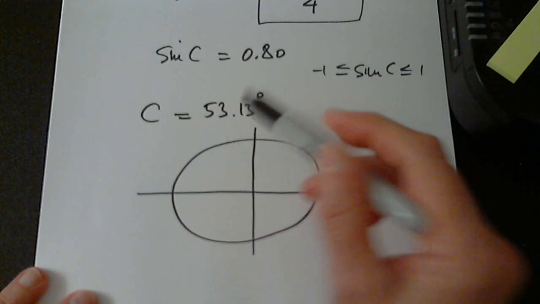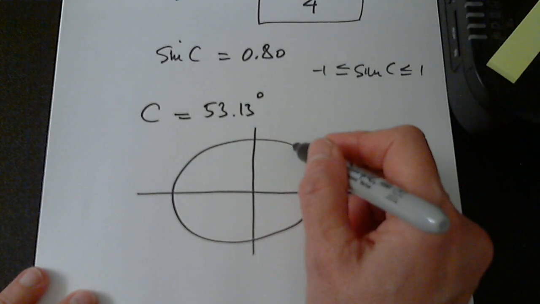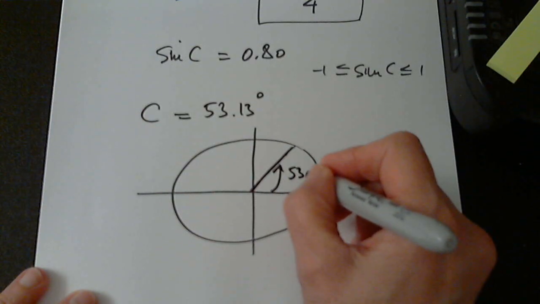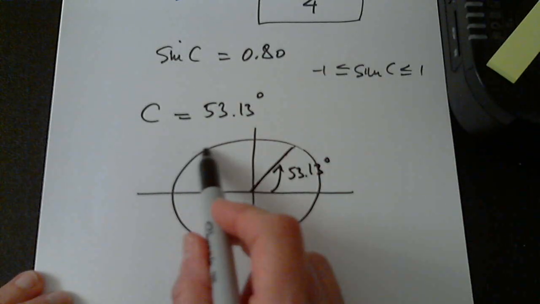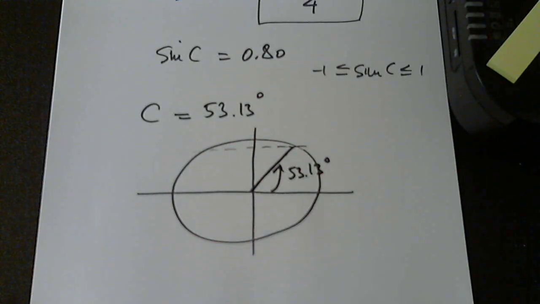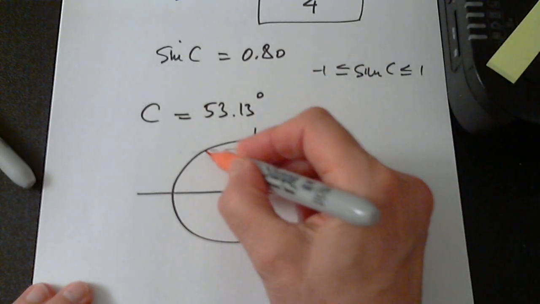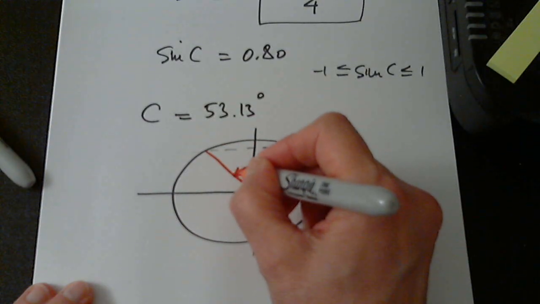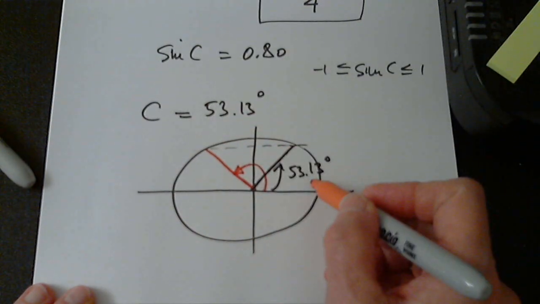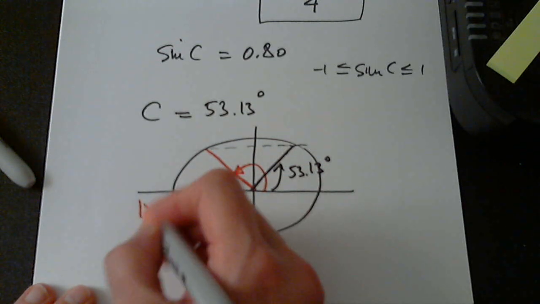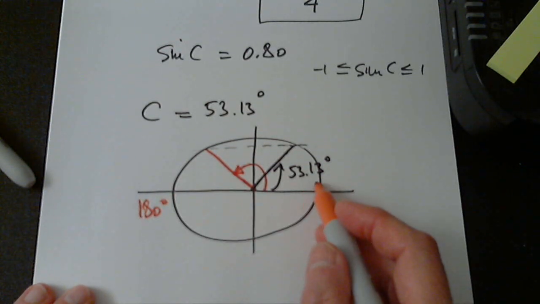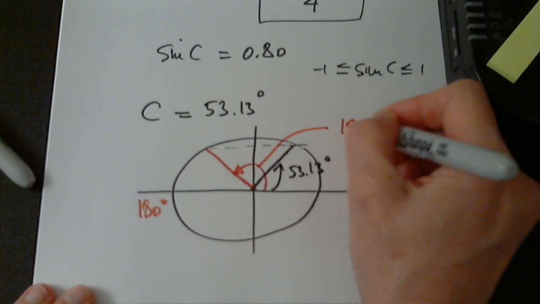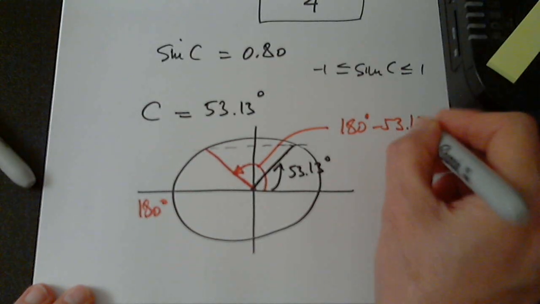So here's 60, so here's 50 degrees, 53 degrees. So 53.13 degrees. There exists another angle whose sine is the same, 0.80, which is this angle. So the reference angle is 53.13. From 180 degrees, if I subtract 53.13, I get this orange angle, 180 degrees minus 53.13.